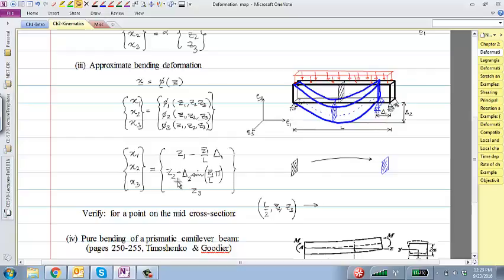So z2 minus some factor delta 2, which is the vertical drop here, times sine of that same z1 coordinate, and z3 we are assuming remains the same. So this map, I hope you are able to convince yourself, is a map which approximately depicts bending.